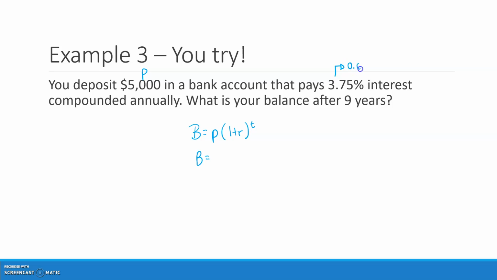The interest is going to be 0.0375, and 9 is going to be our T. So we have 5,000 times 1 plus 0.0375, all to the 9th power. So we're going to have 5,000 times 1.0375 to the 9th power.